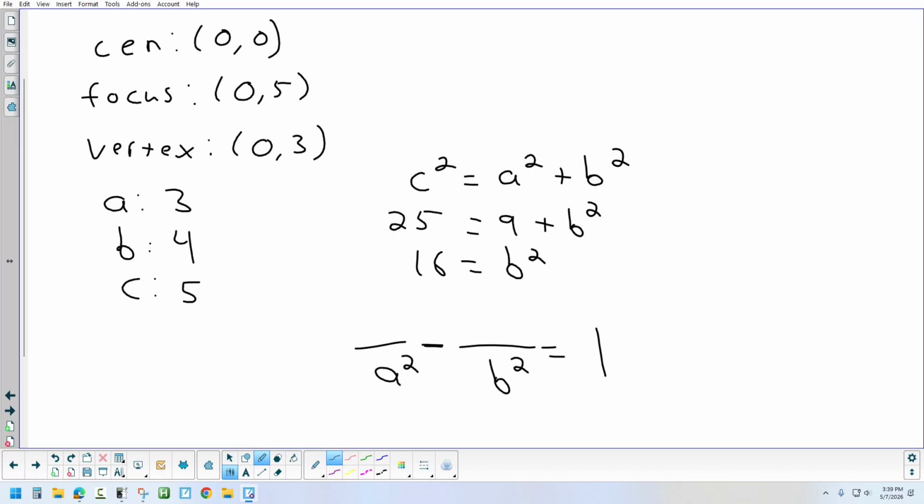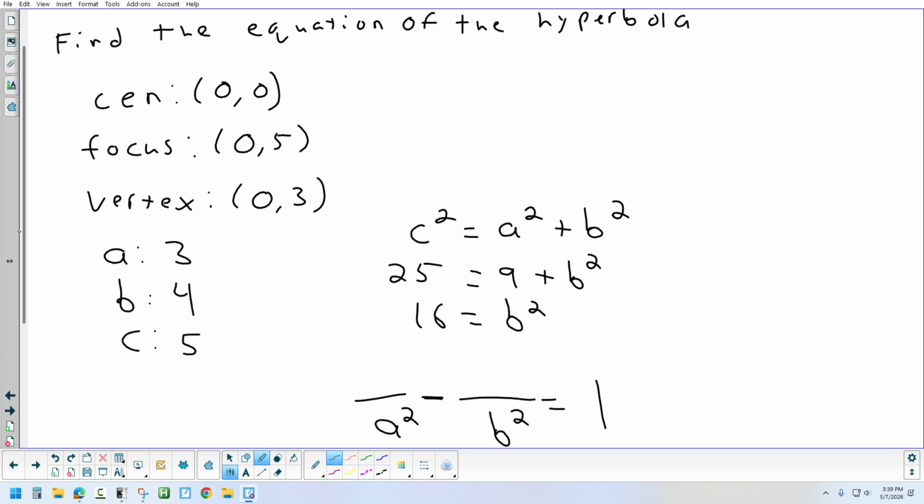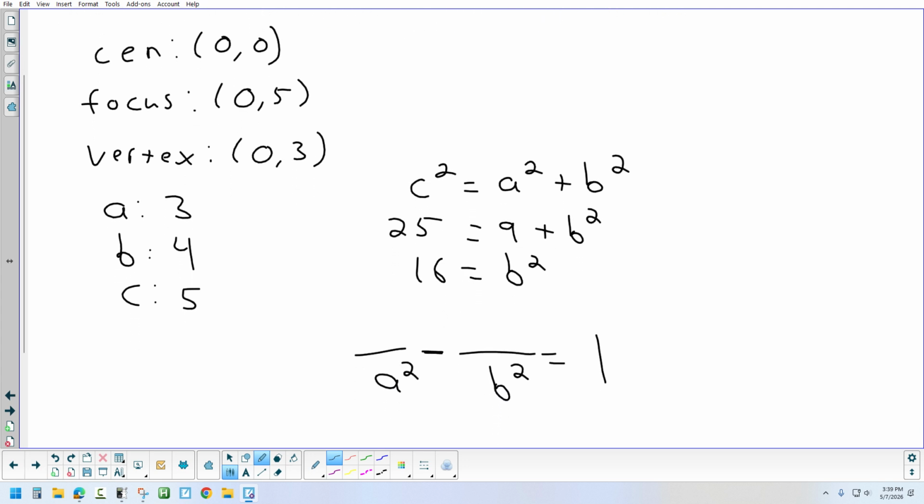Now we have to figure out what goes in the numerator, and that's going to depend on which way the transverse axis goes. How do we figure out the direction of the transverse axis? Same way we would figure out the direction of the major axis. Same idea.